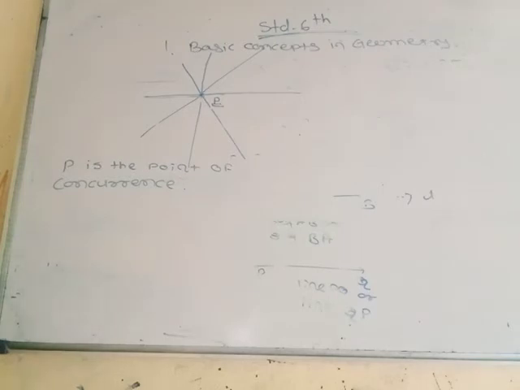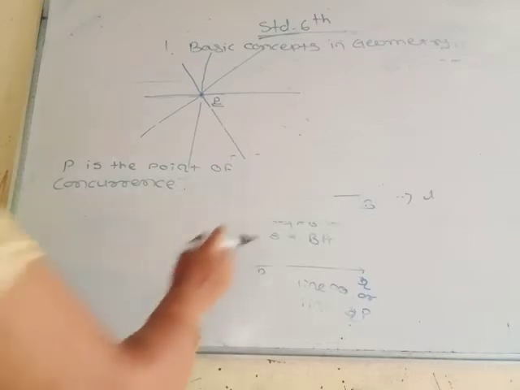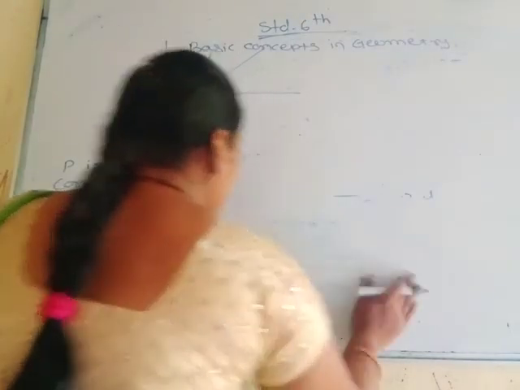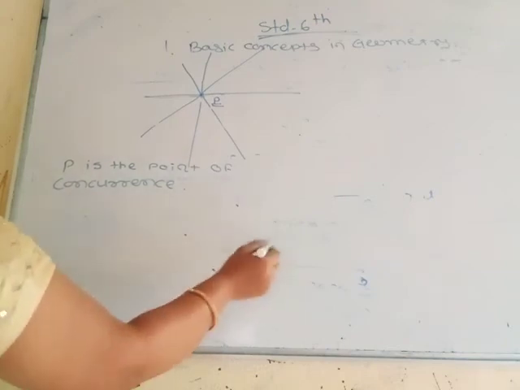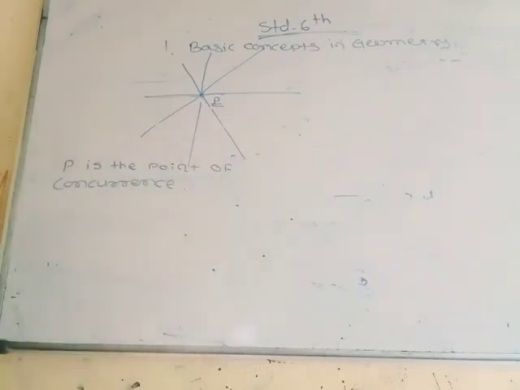Next, see. Suppose there are 5 points in the figure. Name them. If you choose any 2 points, how many lines can you draw?